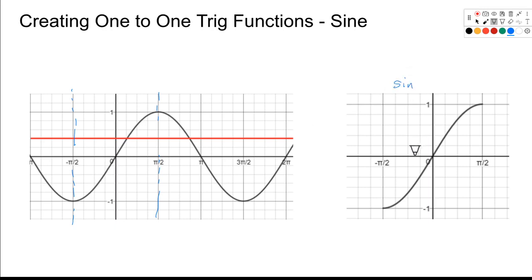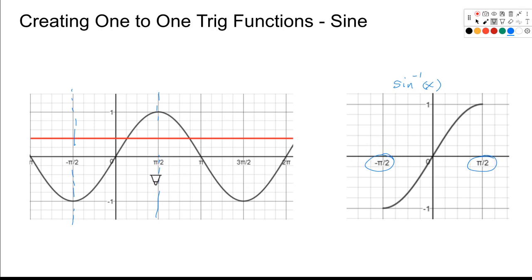We're going to need to do a similar thing with cosine, but it ends up being different. So when we talk about the inverse sine, which we'll define as inverse sine of x equals y, our domain goes from negative pi over 2 to pi over 2. So we relabel this.